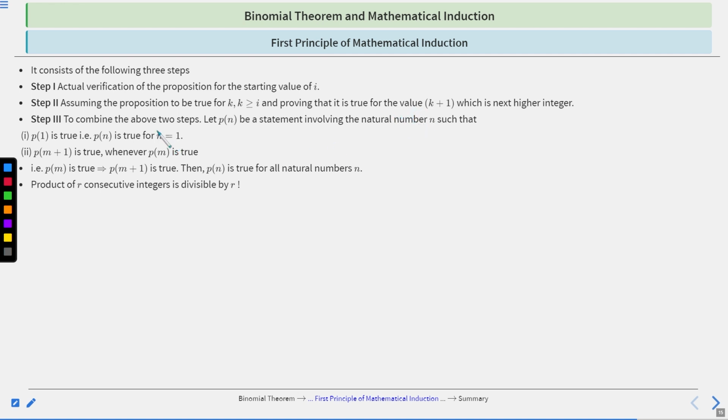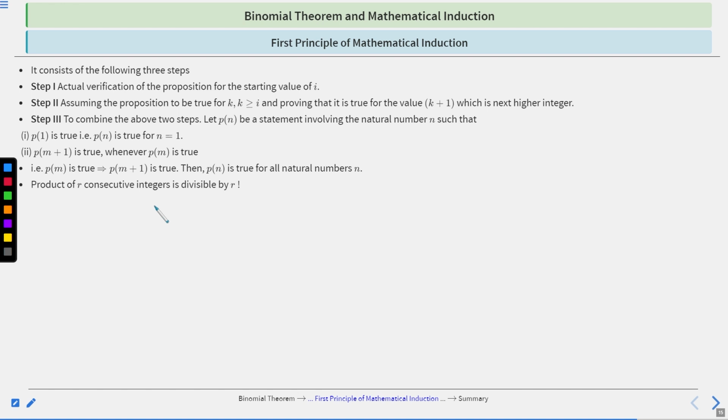Step 3, to combine the above two steps, let P(n) be a statement involving the natural number n such that P(1) is true, that is, P(n) is true for n equal to 1. Second, P(m + 1) is true whenever P(m) is true, right? So you have to repeat these steps. That is, P(m) is true implies P(m + 1) must be true. Then P(n) is true for all natural numbers n.